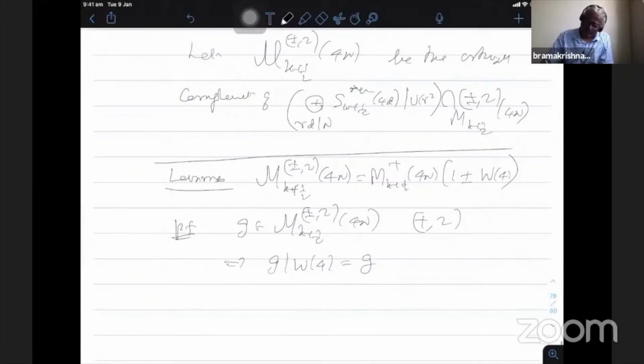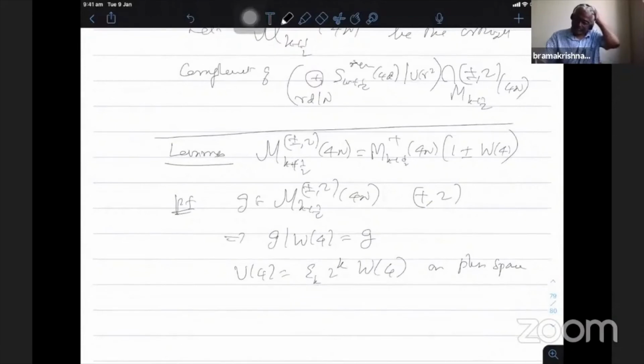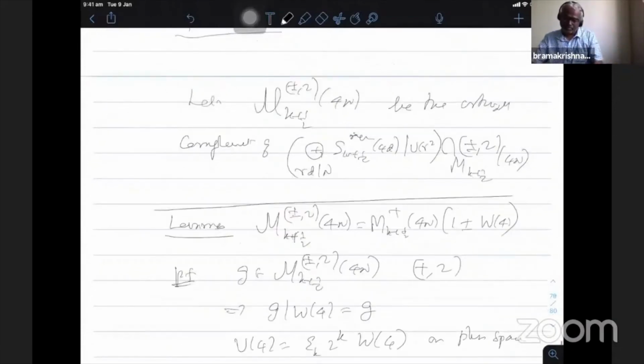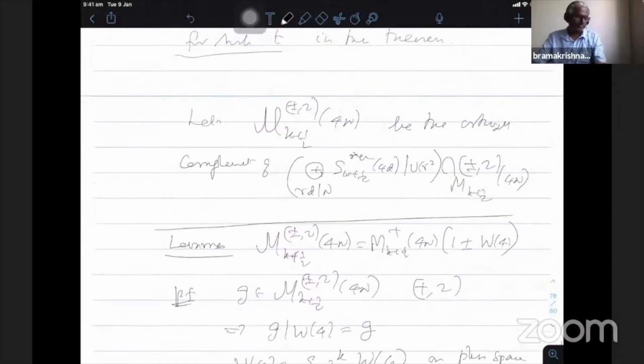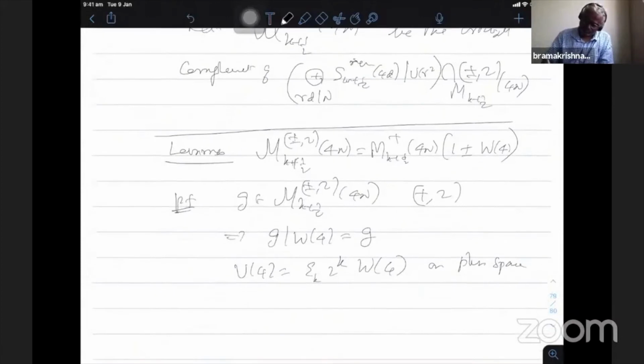Note that U4 is epsilon_k 2 power k W4 on the first space. Therefore there is the epsilon_k factor extra. Now G is in M_k plus half plus minus 2. Therefore, I am taking the orthogonal complement of all these spaces, so it will be a form of plus and its duplication. So G can be written as G equals F1 plus F2 bar U4, where F1, F2 belong to M_k plus half plus 4N.